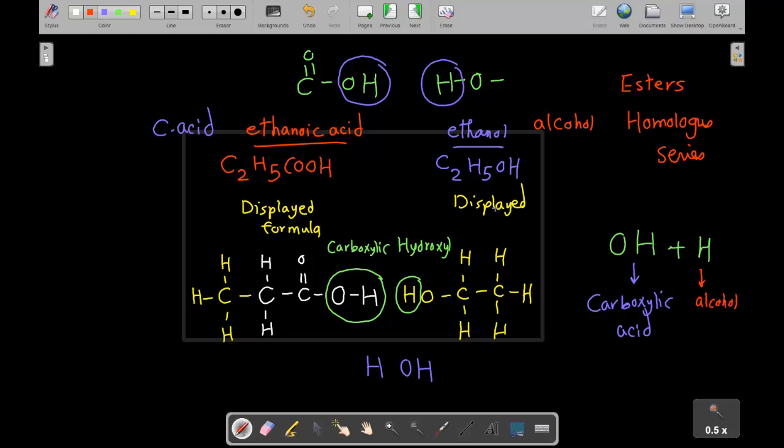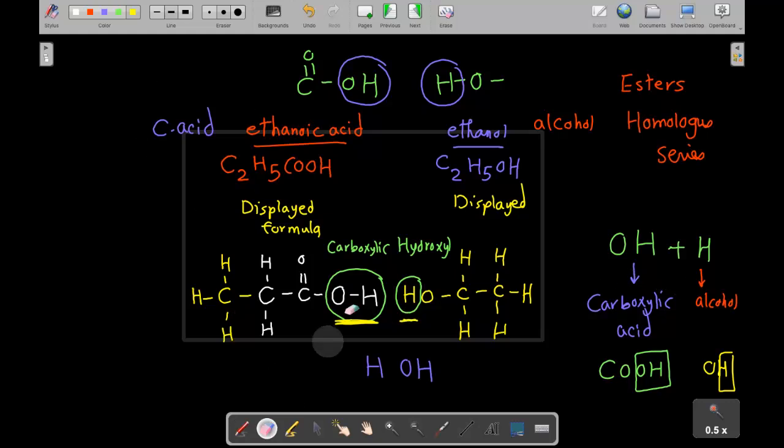We can memorize this by saying the carboxylic acid has a lot of things, it has COOH, so it's not a problem to remove two things from it, while the alcohol has only an OH, so I will just remove the hydrogen from it. Just memorize that the OH is removed from the carboxylic acid, and only the H from the hydroxyl group of the alcohol.